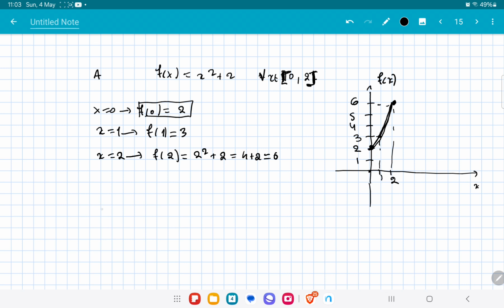So for B, we are looking to find what is the area under the curve. So we have to compute this integral. This is straightforward to compute. We split the integral into 2 integrals.